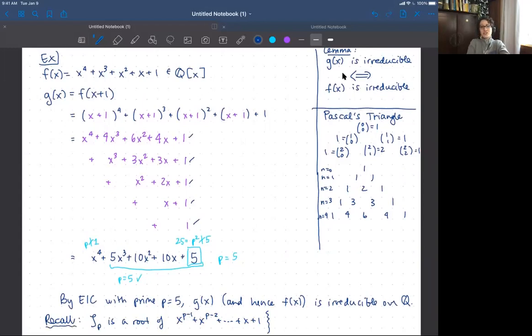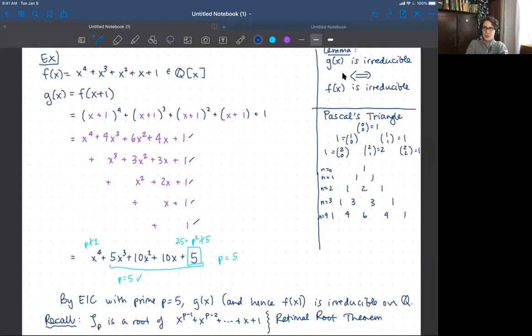The last thing I want to mention is there are lots of other tests for irreducibility over different fields, with different criteria, or for different degrees. The one that you might want to look up and have at your fingertips is called the rational root theorem. It's really nice. Some of you used it on a recent homework. If you have a polynomial with integer coefficients, it tells you what the possible rational roots might be.